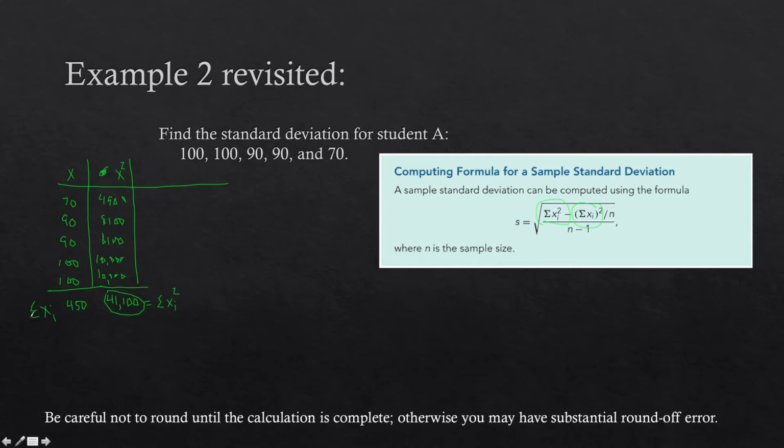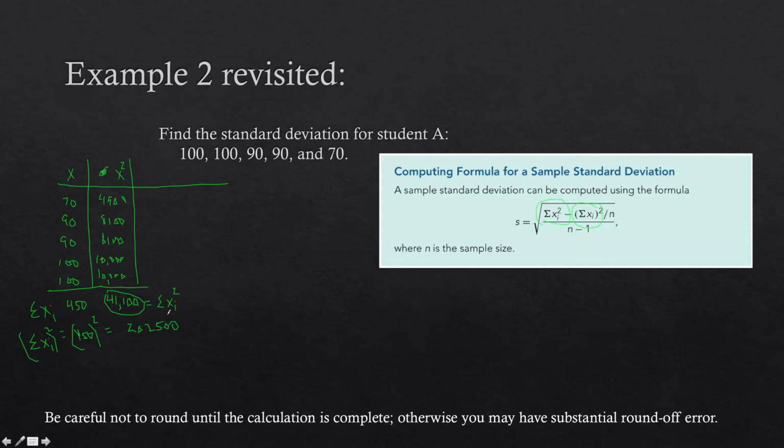Now, notice, we need also this value. Well, what is that? That is 450 squared. So what's the square of 450? Well, 450 squared, in your trusty calculator, is 202,500.